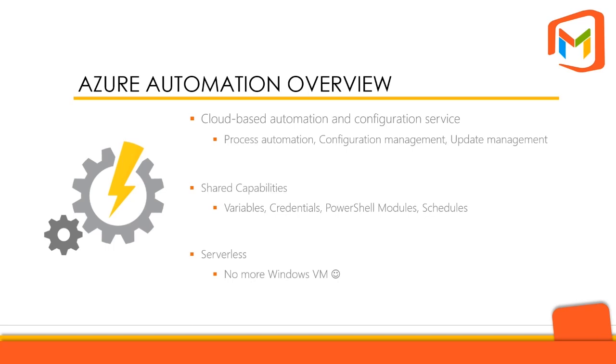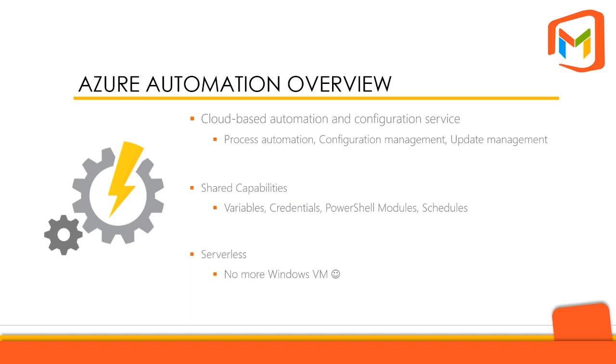So in Azure Automation, we will use what we call shared capabilities, or shared resources, that make our life easier when we want to automate some stuff by the use of scripts, PowerShell scripts, for instance. We will have the ability to store variables that will be available in our scripts, so our script will consume those variables.